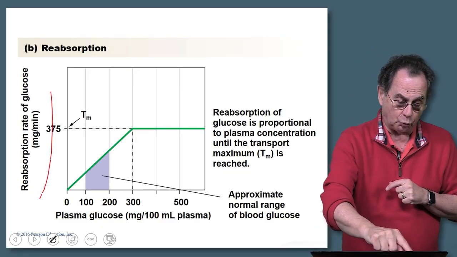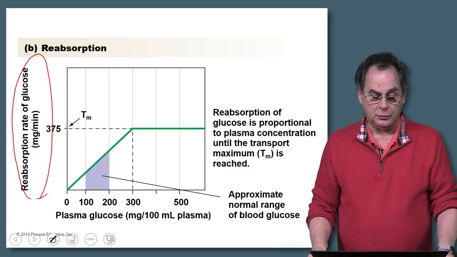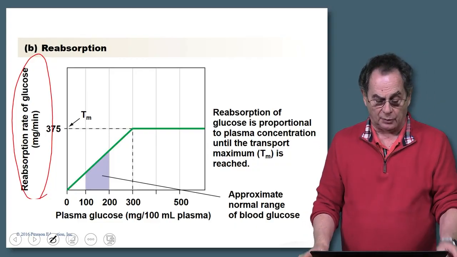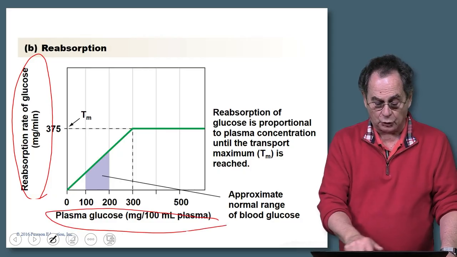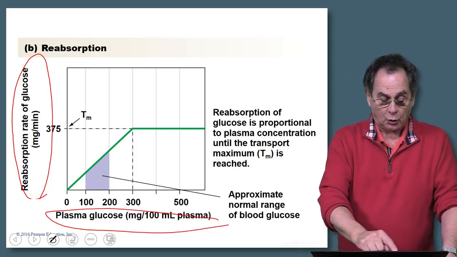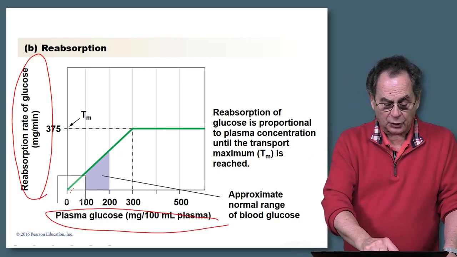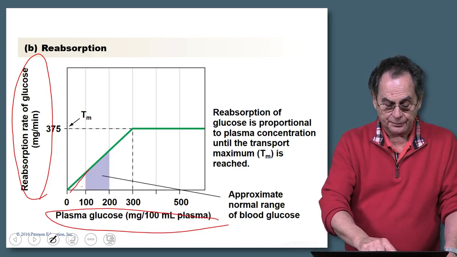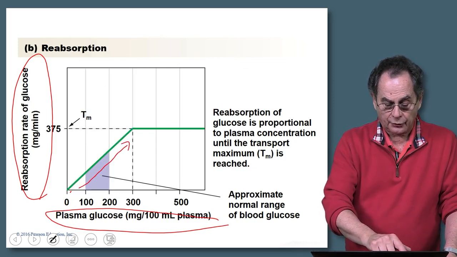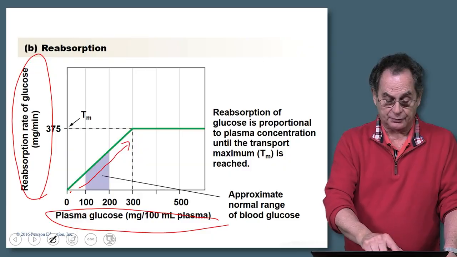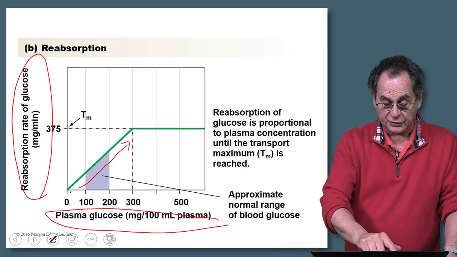So now let's look at the reabsorption of glucose, not the filtered load, the reabsorption. And then let's look at the plasma glucose on the x-axis. So as the plasma glucose rises, the reabsorption rate rises, so that the reabsorption is in parallel.